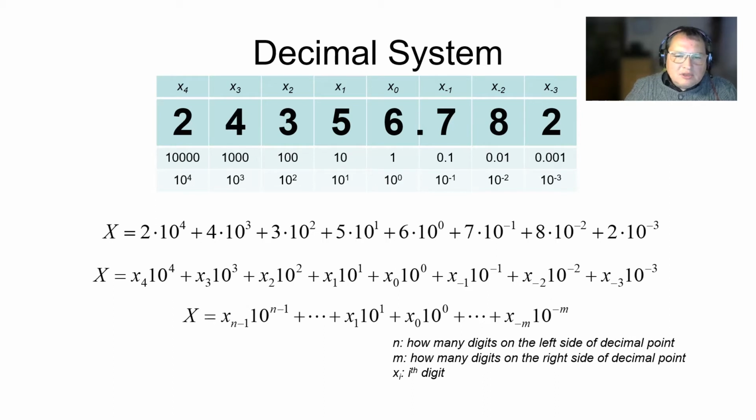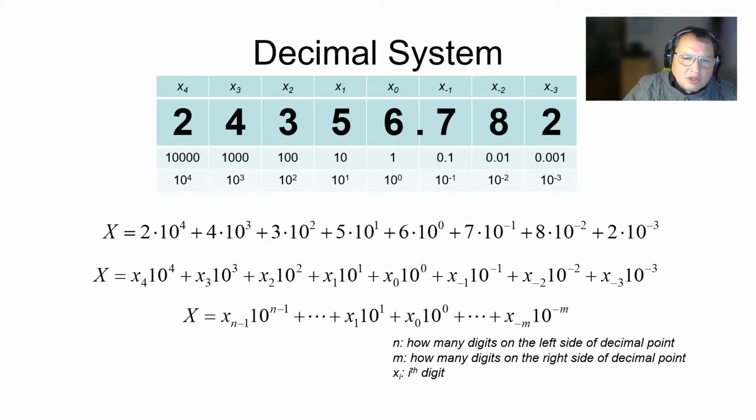You can notice that the left-hand side digits are numbered from 0 to n minus 1. It's important that it is n minus 1, because if we have n digits but we start counting from 0, then the last digit in this count will be n minus 1, definitely not n.